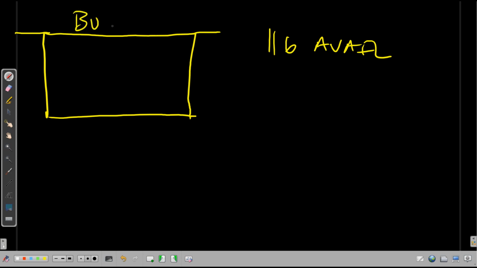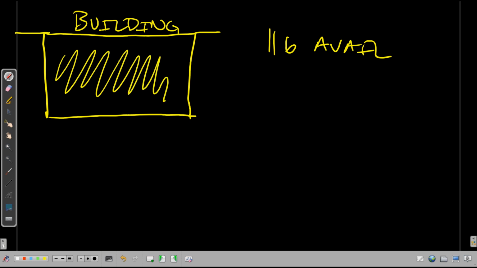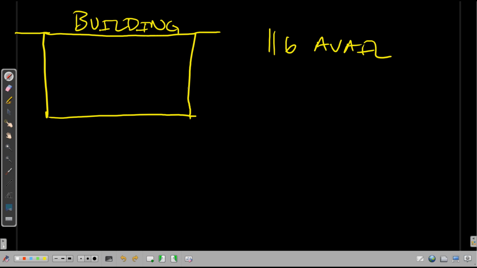So here we have the side of the building, and we're wanting to make an enclosed space right here with our fencing. It says that we have this much fencing available, and so to maximize the area, we're going to use all that fencing.